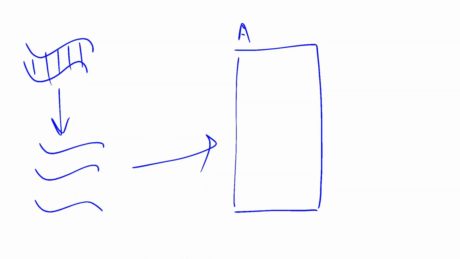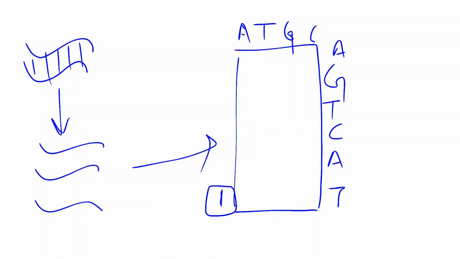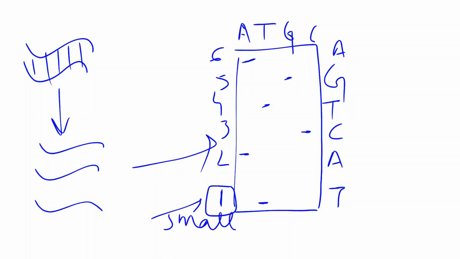A, T, G and C, and you will get a sequence like T, A, C, T, G and A. The lowest one is the first fragment, then A, T, A, C, T, G and A. This is the second, third, fourth, fifth and sixth. This is the smallest one, and this is the sequence.